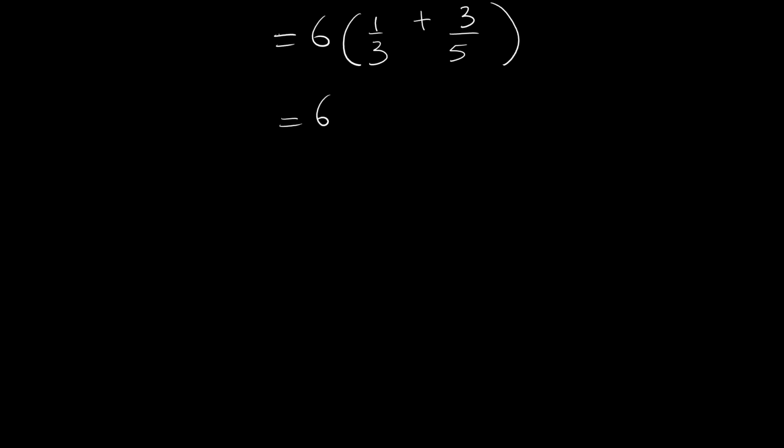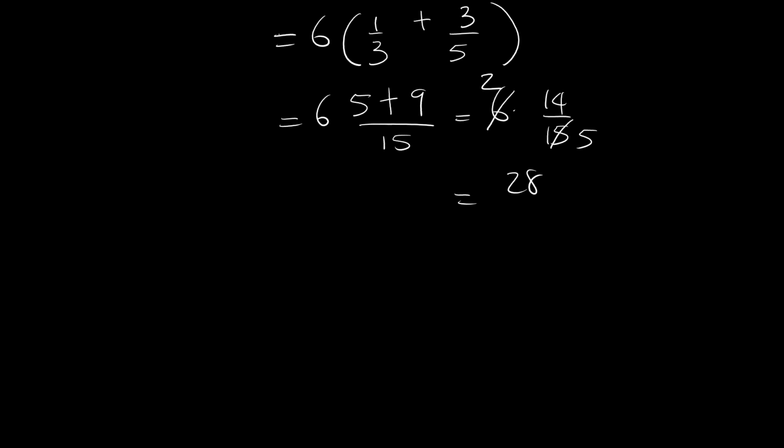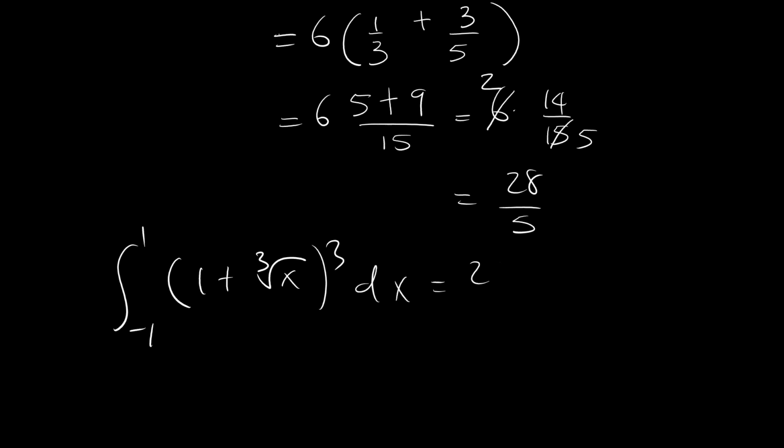This is 6, 15, 5 plus 9, so 6 times 14 over 15, by 3, 2 by 3, 5, so we're having 28 over 5. And that is it. That's the answer.